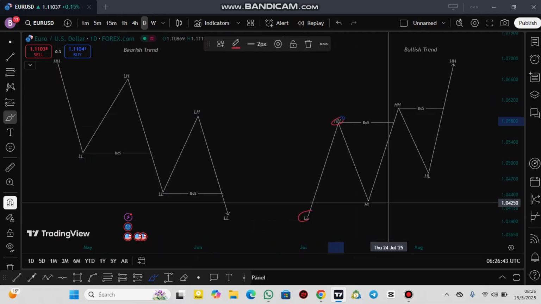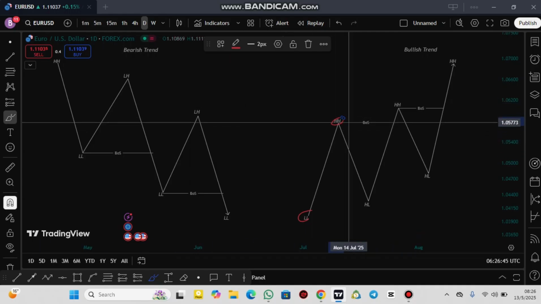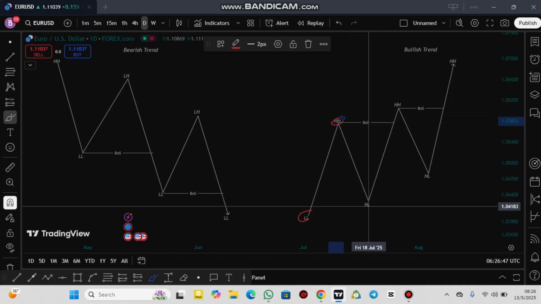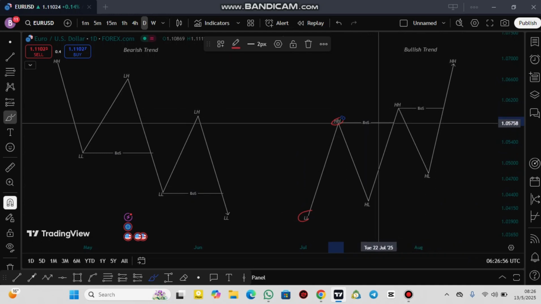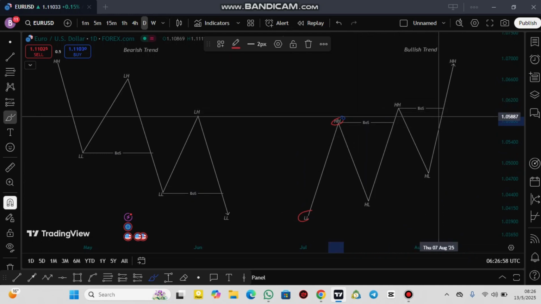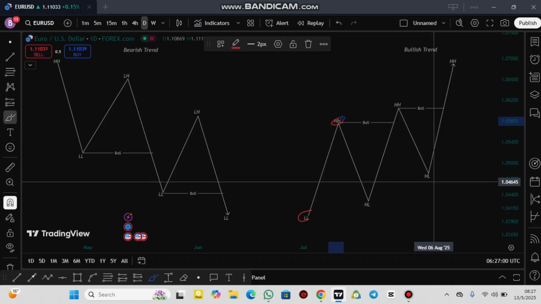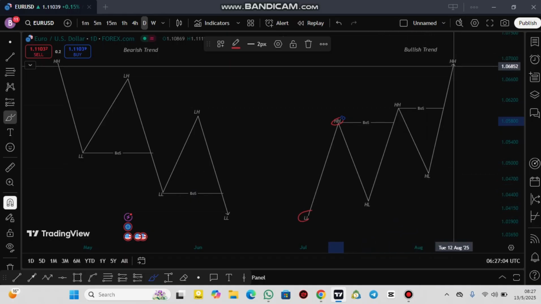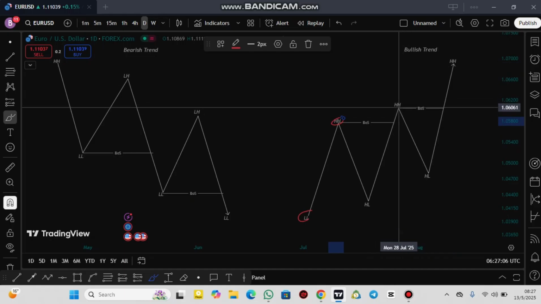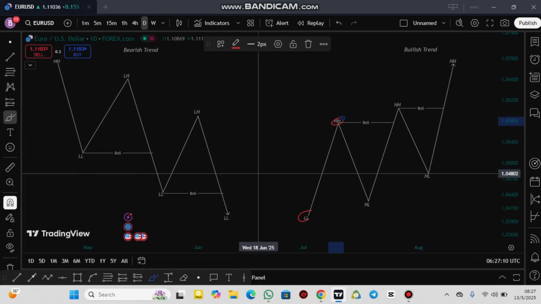This HH, like we said before, is a higher high, and this HL stands for higher low, because this low is higher than this low. HH, higher high: this high is higher than the previous high. Okay, cool. Now that we've got that out of the way, let us continue.